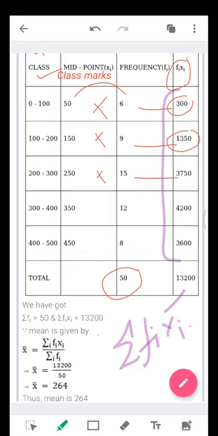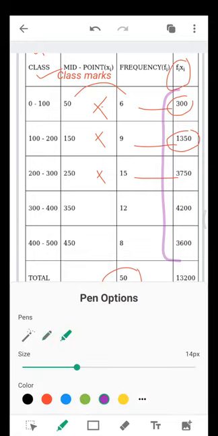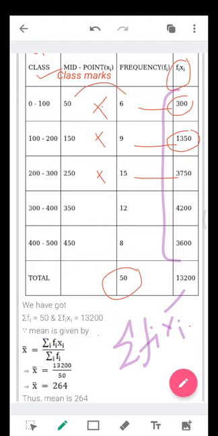So substituting the values here, 13,200 by 50. When you divide these, you'll get 264. So we can use the same formula for direct method. This is called direct method of finding mean.